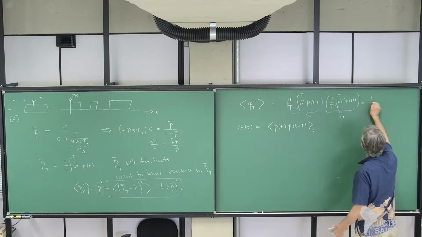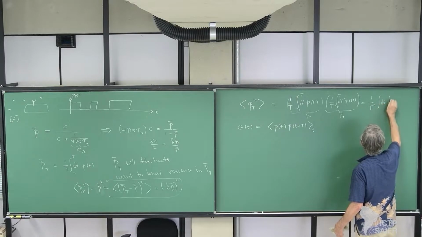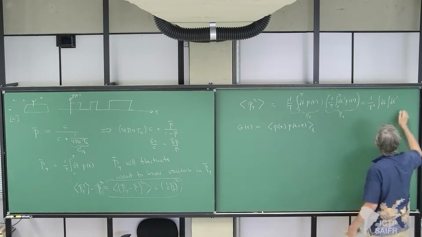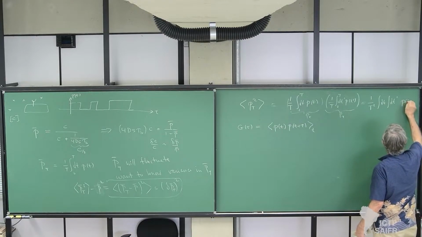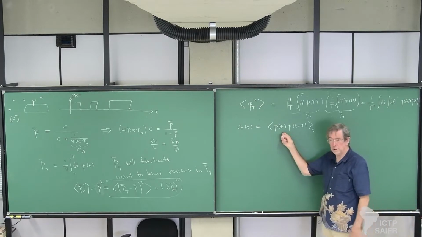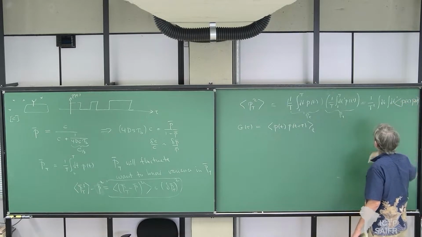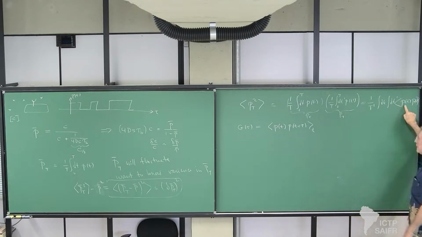Then I put it all together, and I get 1 over t squared. Then I have two integrals, an integral over dt and an integral over dt prime, and then p of t, p of t prime. Now I'm going to make use of the fact that when I'm taking the average, the only thing that matters is the difference between these two times.